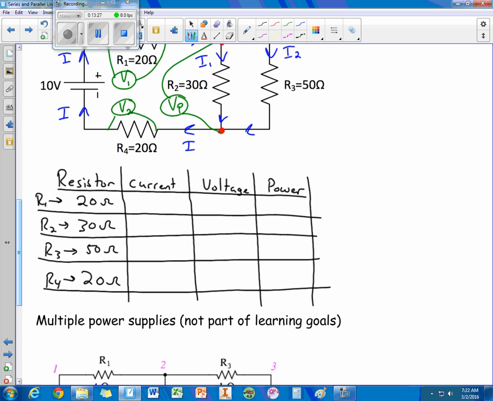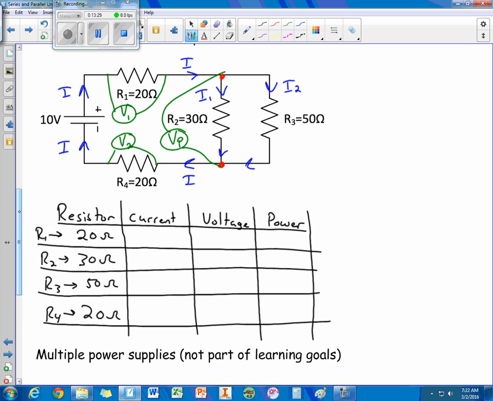Okay, now that we have our table, what we want to do next is calculate the equivalent resistance. So that's going to be 20 plus, and then I've got 1 over 30 plus 1 over 50. Make sure you invert that, plus 20.